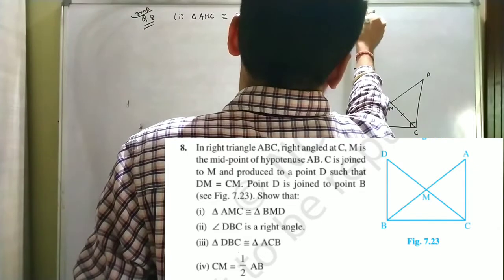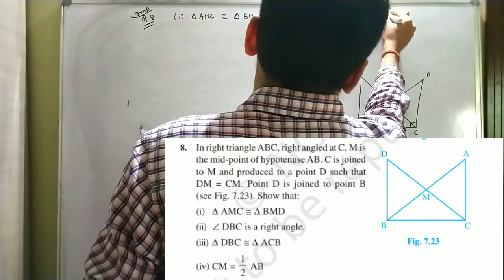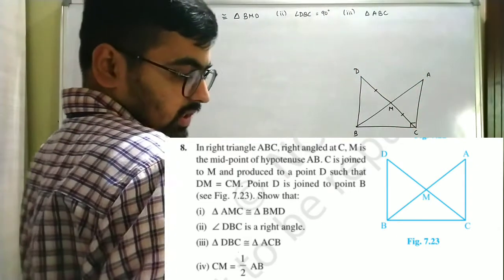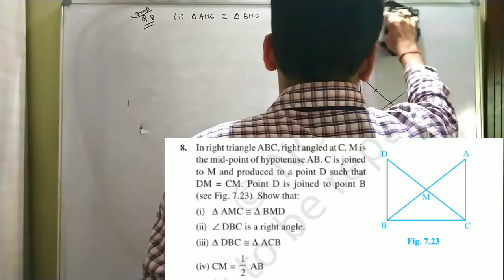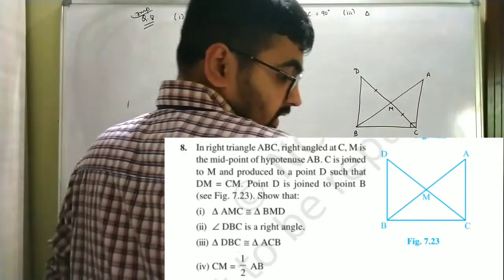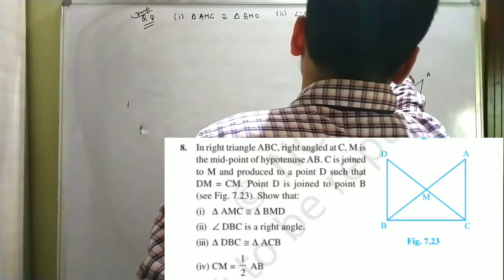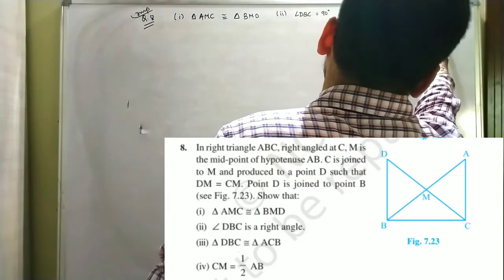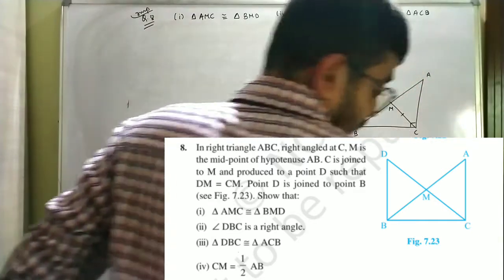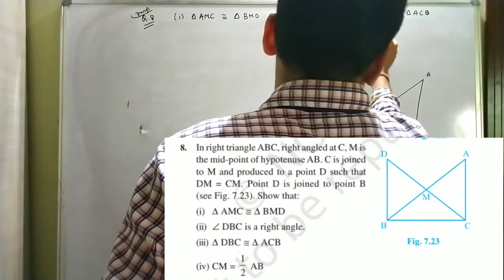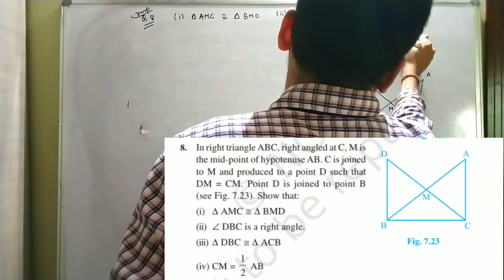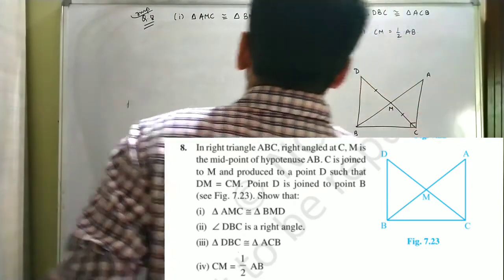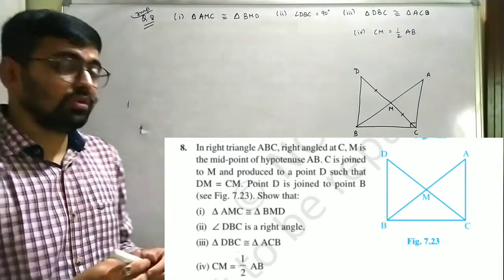Third one, triangle DBC is congruent to triangle ACB. And fourth one is CM equals half of AB.